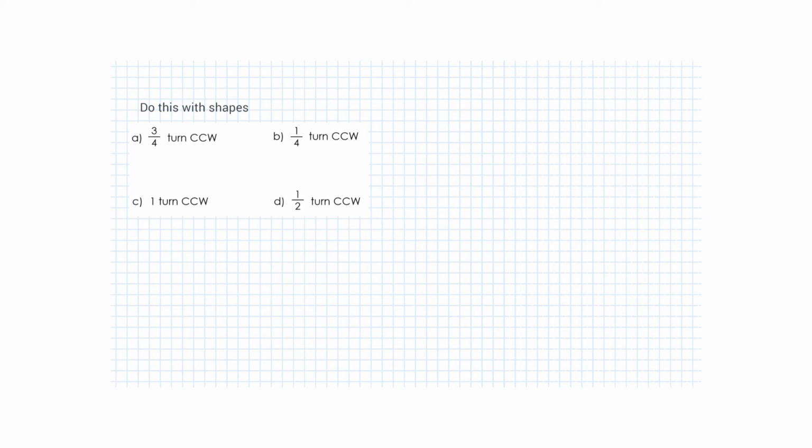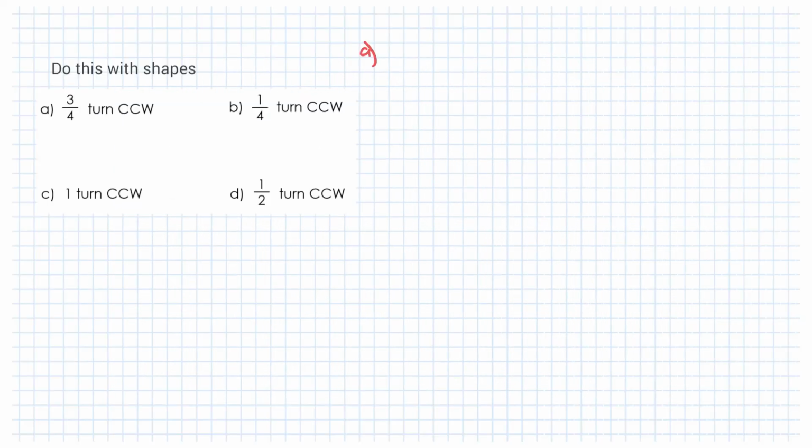So let's try it with this. Let's do A. We're using a smaller grid, 3/4 turn counterclockwise. Let's start with this arrow, going this way. The center is here, and we have to go counterclockwise, so it's going backwards.